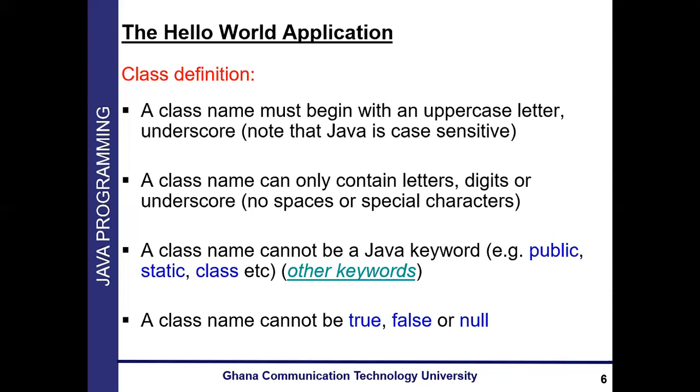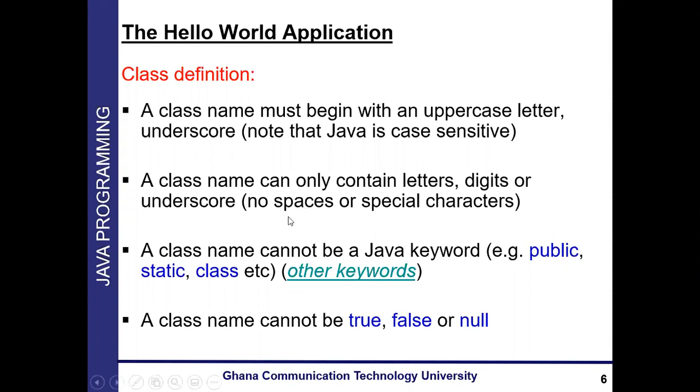We used to add a dollar sign too, but these days it's not being recommended. So you can have an underscore and then a capital letter. Now it can only contain letters and numbers or digits, as well as the underscore. No spaces, no special characters like the pound or the dollar, those are not allowed.